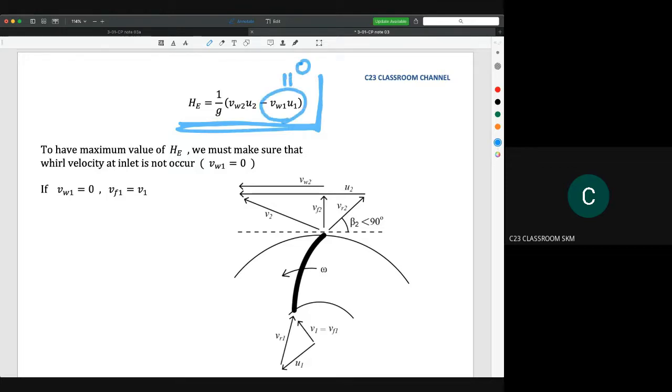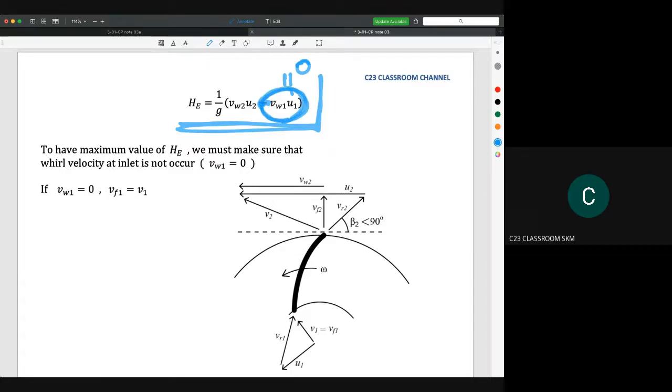Why? Because we have a minus sign here. If our pump creates something and we deduct a certain value, the value of the Euler head will reduce. So the best way to get the maximum amount of Euler head is to make sure that this term is equal to 0.